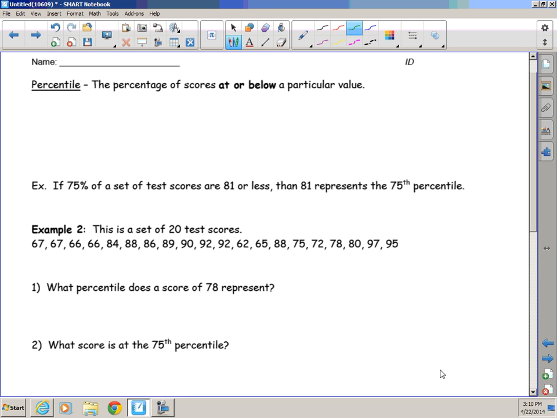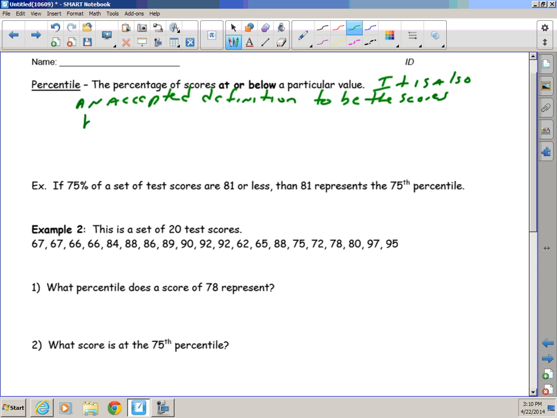Now, it's the percentage of scores at or below a particular value, but it is also an accepted definition to be the scores below a particular value. Okay?